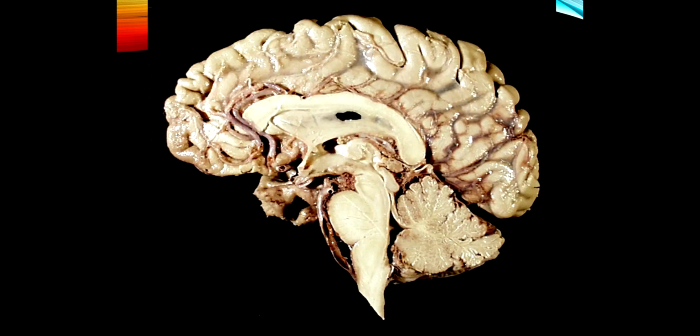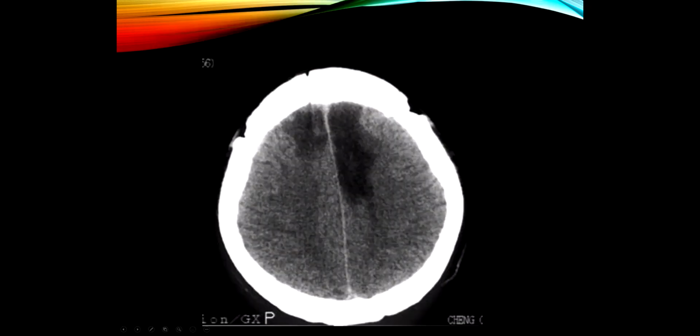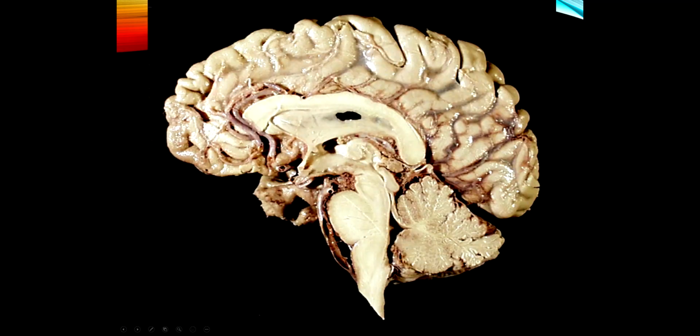All right, so here are the paired anterior cerebral arteries looping around the corpus callosum, right along with the cingulate gyrus. Now, this is a stroke that can be bilateral. So look at this. We can see it on the left and also on the right. So why does that happen?